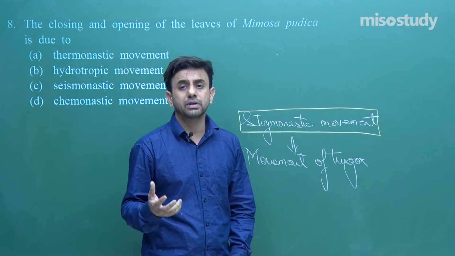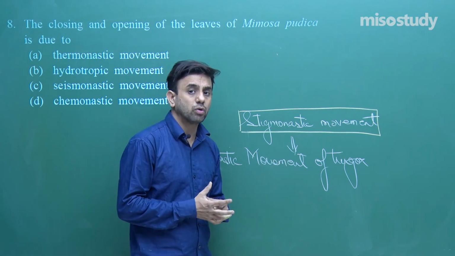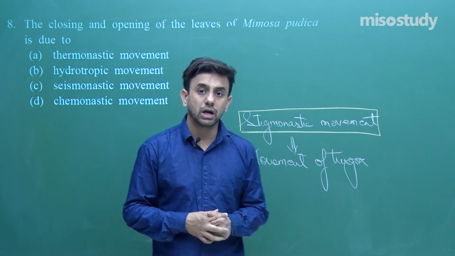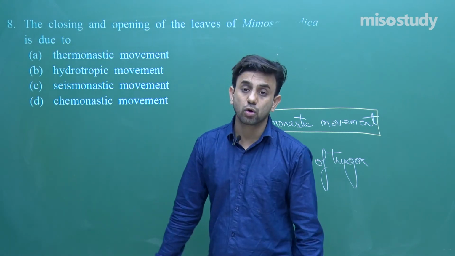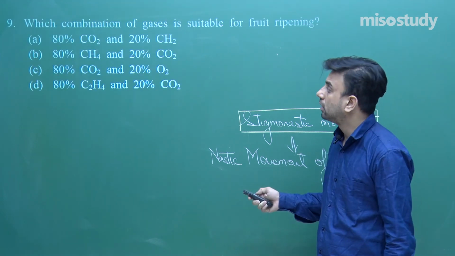Hence there will be loss of turgidity, and the leaves of the plant will close in Mimosa pudica.